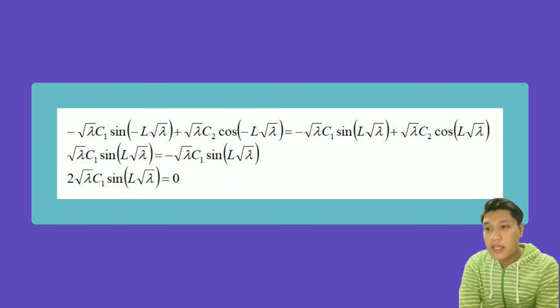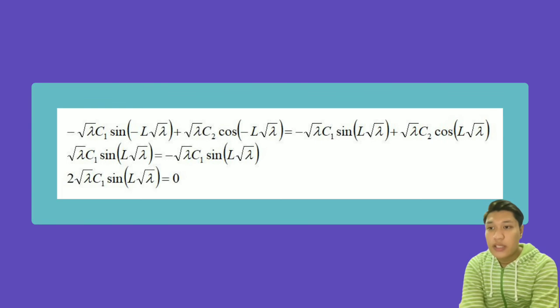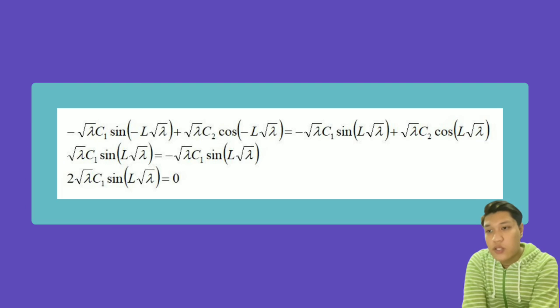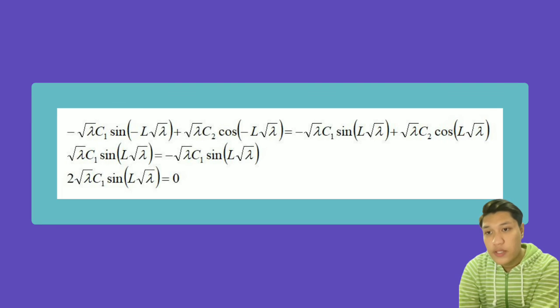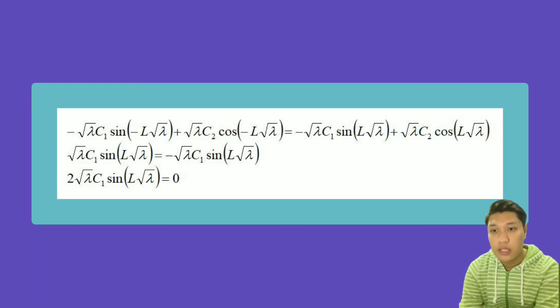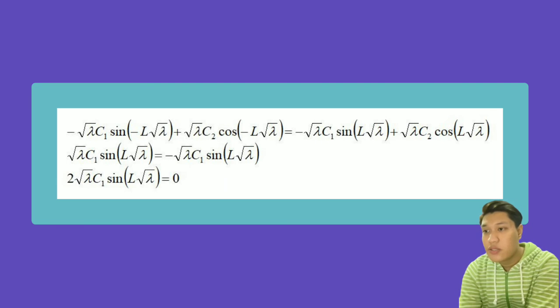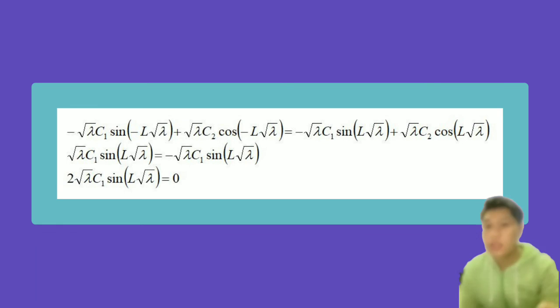We get something similar. However, notice that if sin L square root lambda is not equal to 0, then we will be forced to have C1 equals C2 equals 0, and this will give us the trivial solution which we don't want.